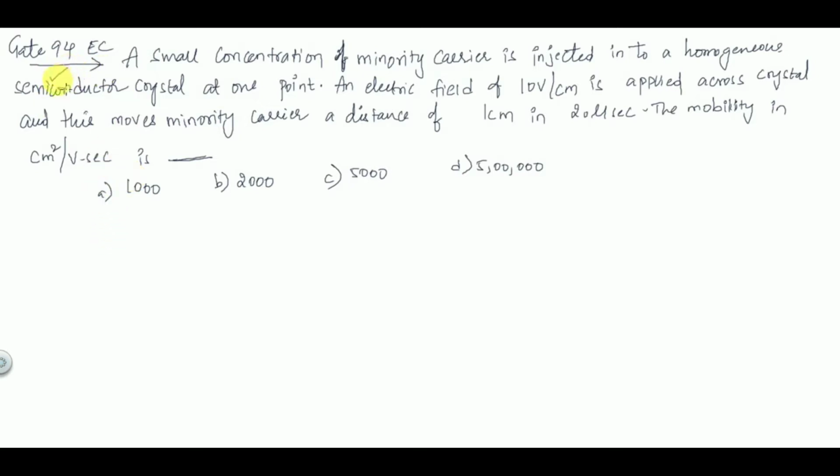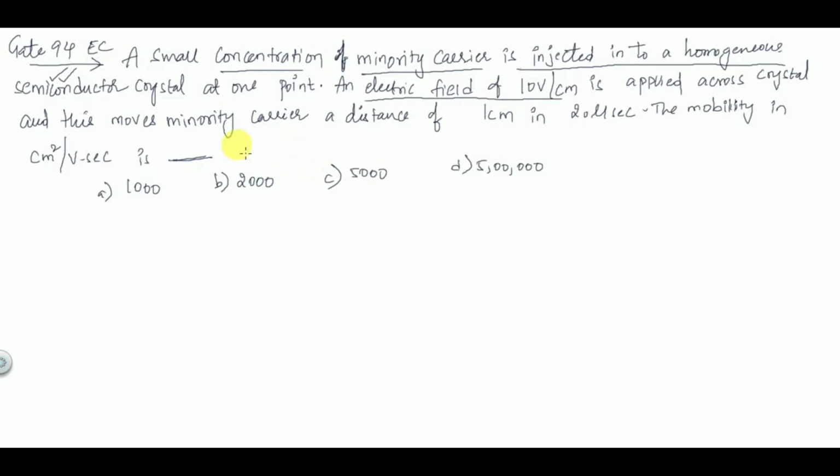So this is a problem which was asked in GATE 94 for Electronics and Communication. In this problem, he has given that a small concentration of minority carrier is injected into a homogeneous semiconductor crystal at one point, and an electric field of 10 volt per centimeter is applied across the crystal.